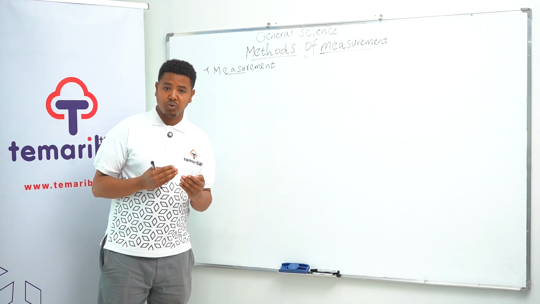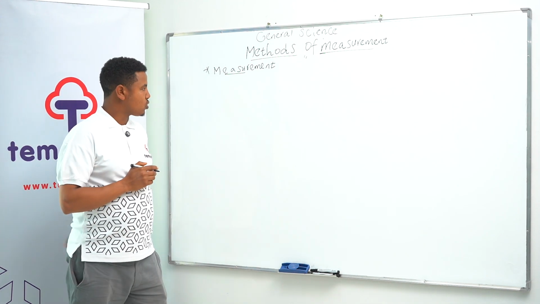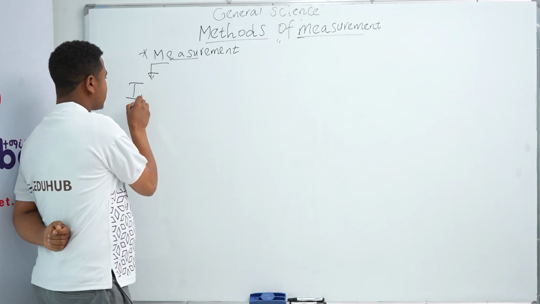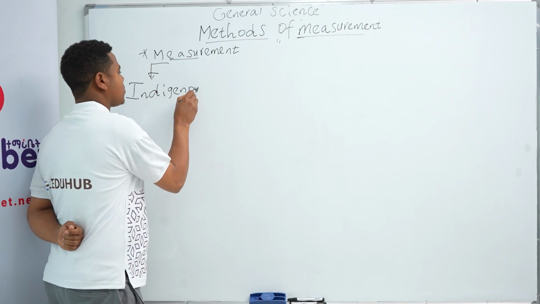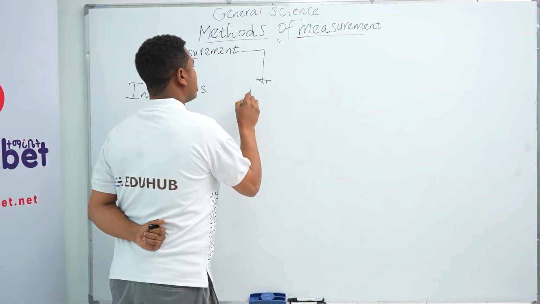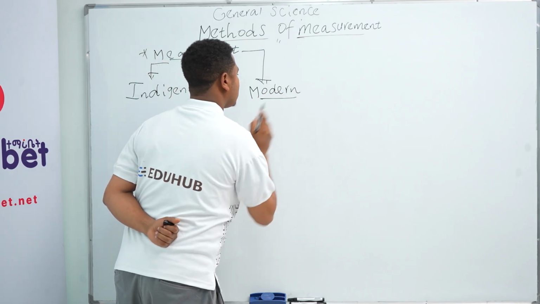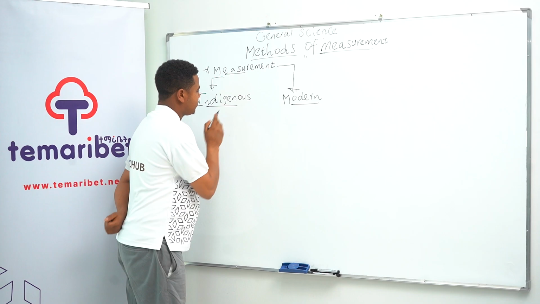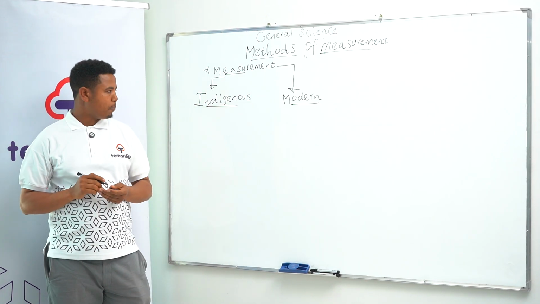Basically, there are two types of measurement methods. Those are indigenous and modern. Let's see the difference of these two methods of measurement.